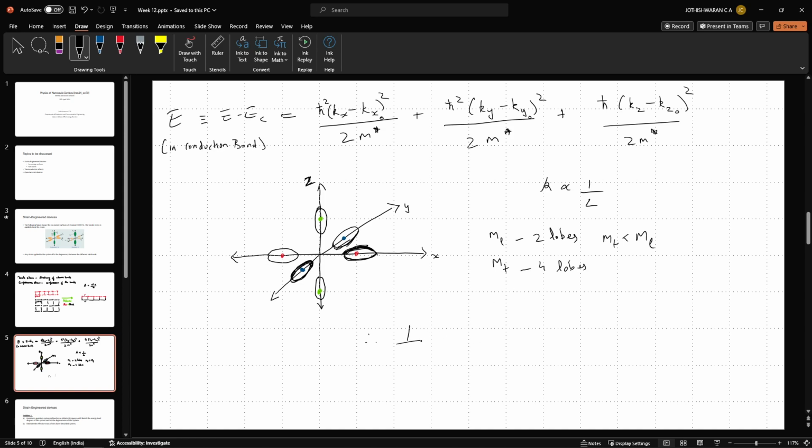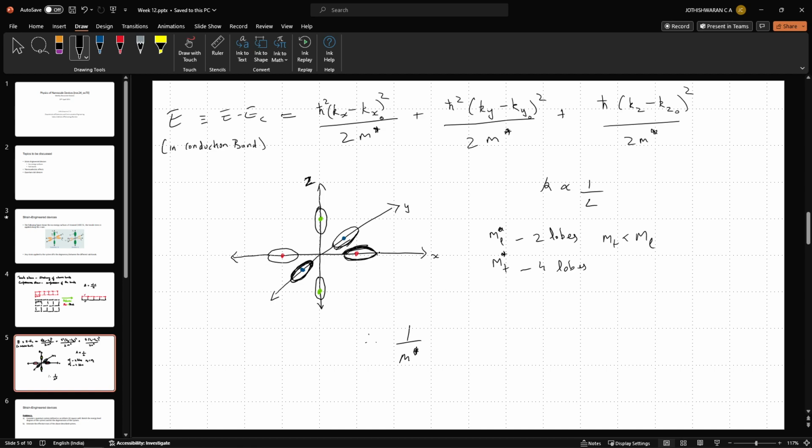Therefore, this shouldn't be ML, this should be m star: effective mass transverse, effective mass longitudinal. Assuming that conduction is taking place along the z direction, these x and y lobes will have motion that is transverse to their existing momentum.